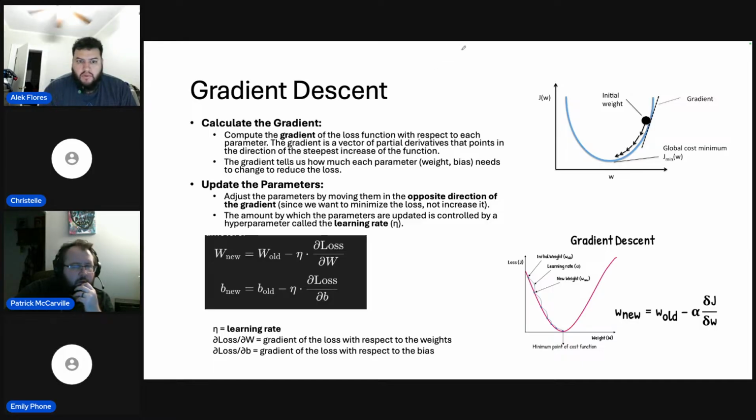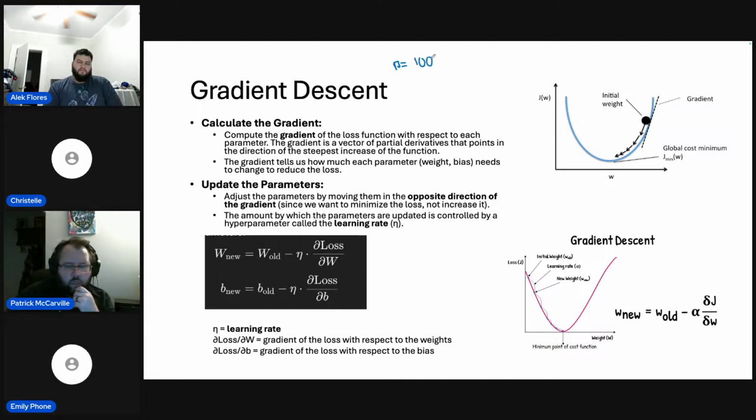So in gradient descent, we want to find the optimal value for some parameter that we're trying to change. We want to optimize our cost function. And let's say we have a parameter, and it equals 100.